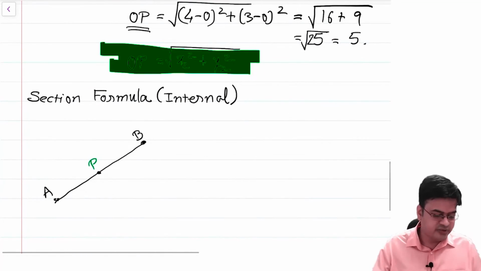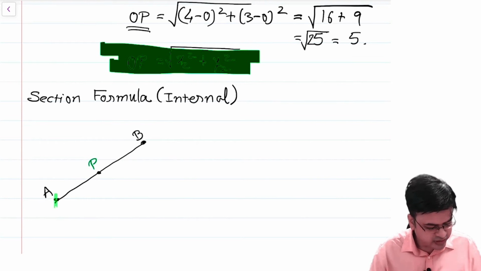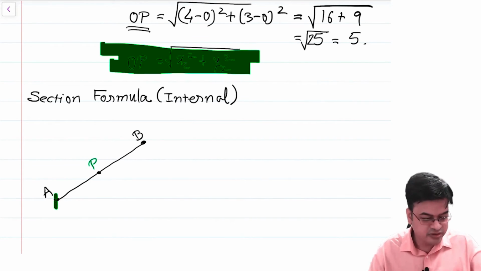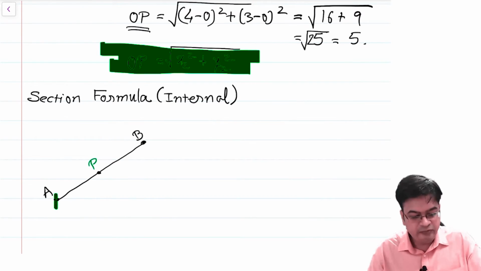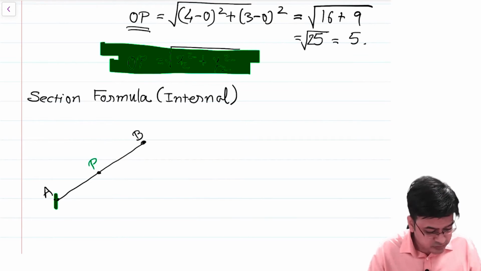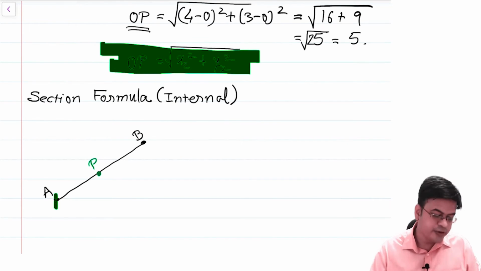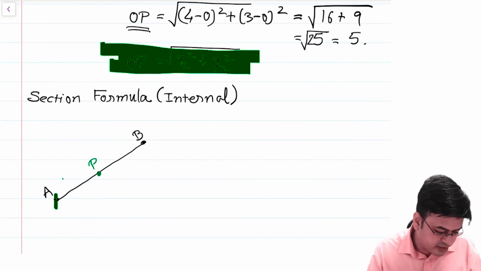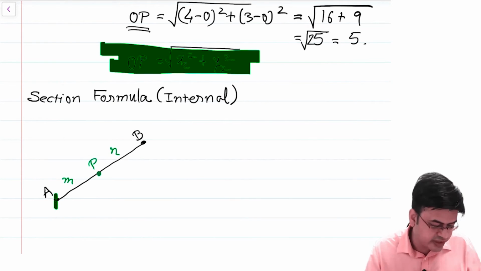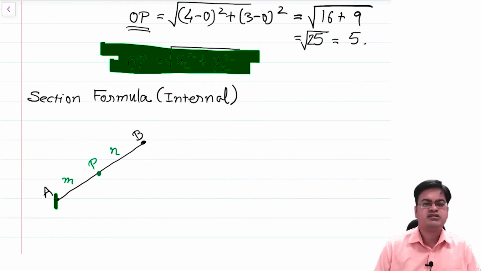So you have not been given a coordinate plane, but what you are actually asked is: points A and B are there, and using points A and B you need to find the coordinates of a point P which cuts this line segment AB in the ratio m is to n. So this is a general term that comes.